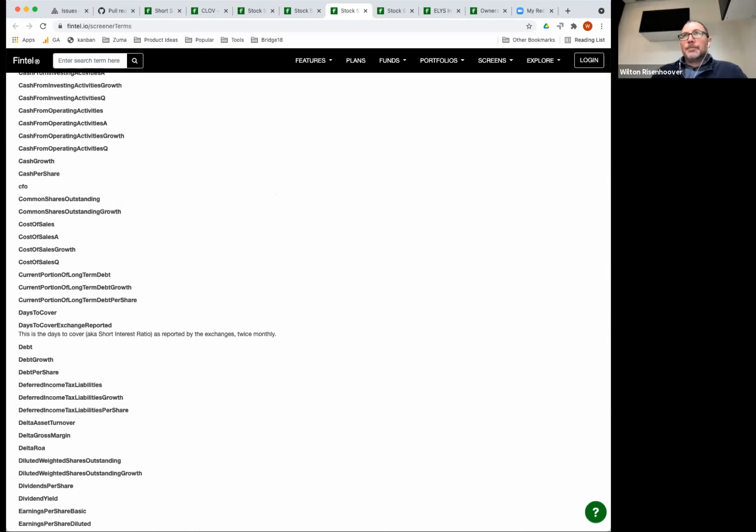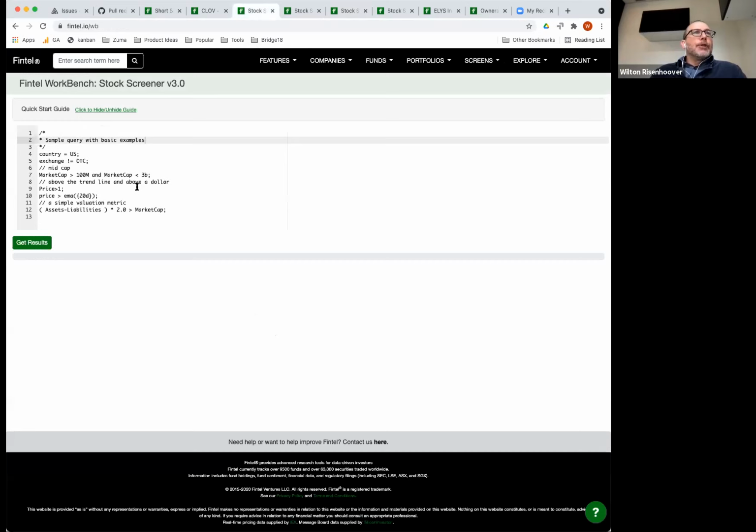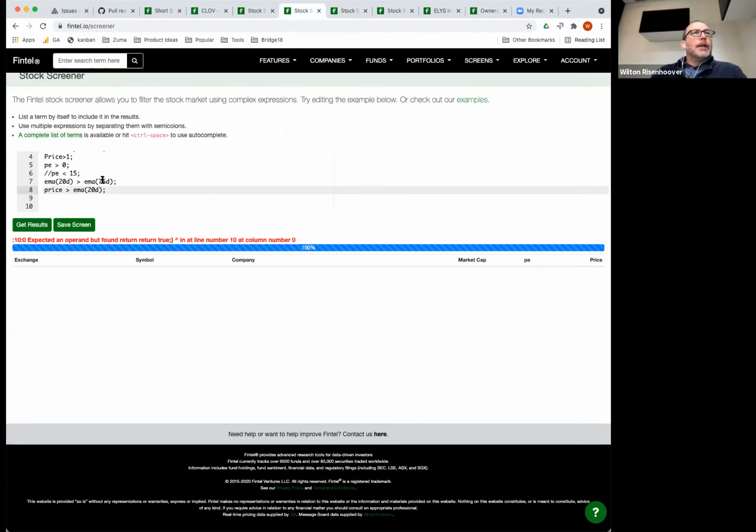Showing the EMA line. Yeah, okay. So the EMA line, oh, there's the Workbench right there. The EMA line is this, and I'll just go ahead and explain it once again. One of the things that you look at in technical analysis, if you want to see if a company is in an upward trend, is the EMA for 20 days or the SMA, the simple moving average for 20 days, and you compare it to the simple moving average of 50 days or something like that.